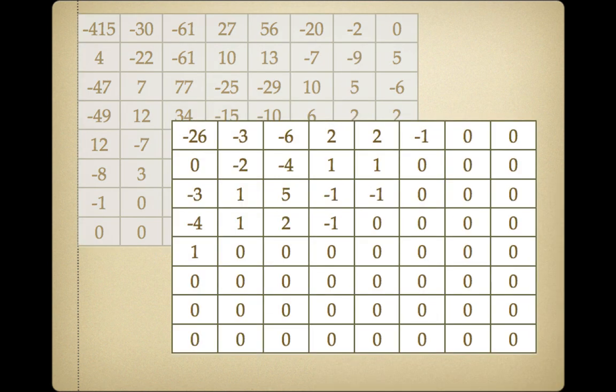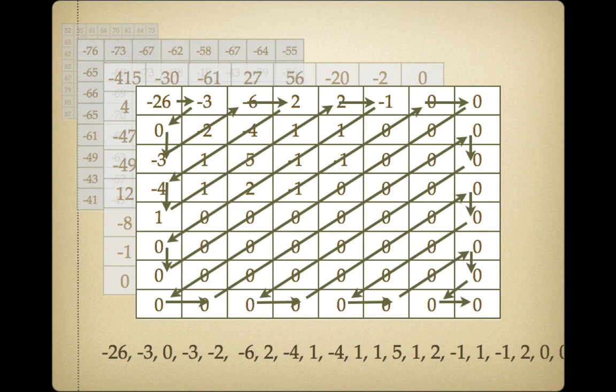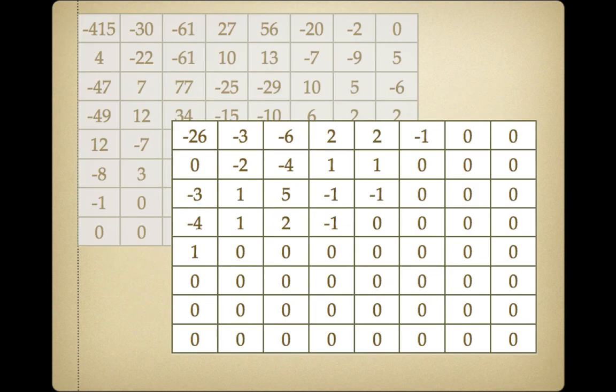Then we list those values in this order. We do a zigzag order here. We go 26, minus 26, then minus 3, then 0, then down to that minus 3 and up and over. So we list them in this order. If you look at the values, there's the big one up here in the top left. Up the top left, those are bigger values.